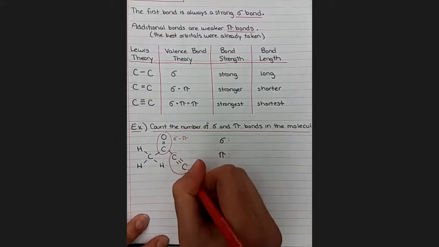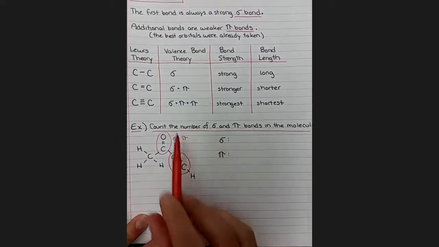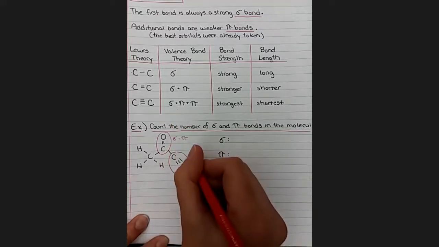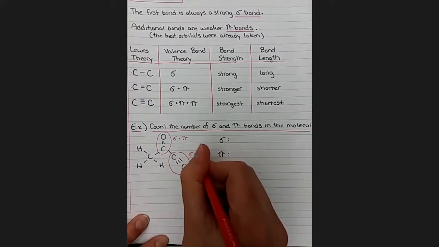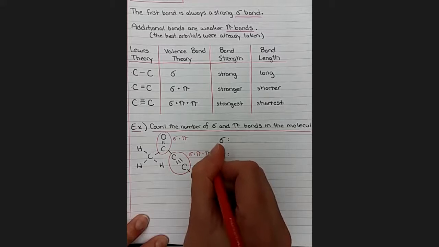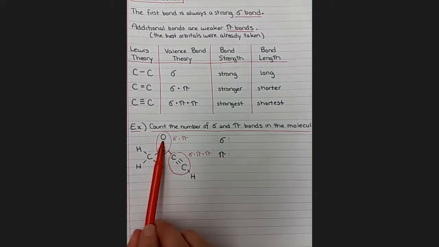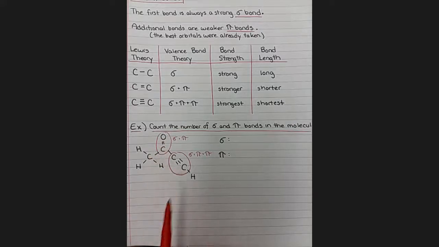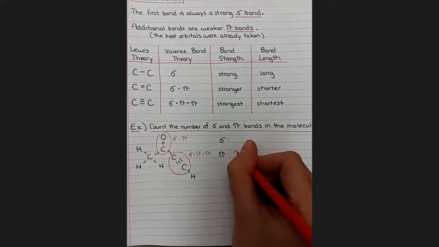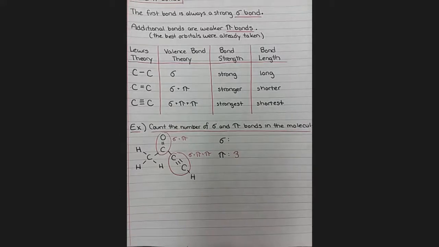And here's a triple bond in my picture down here. I know that triple bonds consist of 1 sigma and 2 pi bonds. And those are the only places pi bonds are located in the molecule. So that's 1 from the CO, 2, 3 from the carbon-carbon is going to be 3 pi bonds.